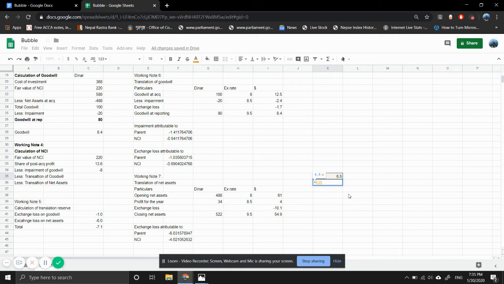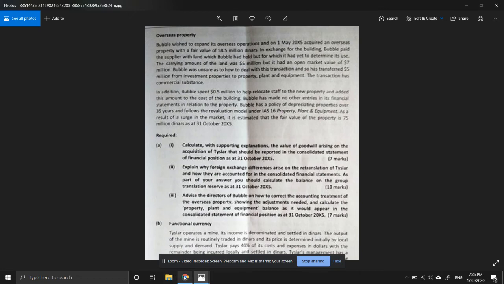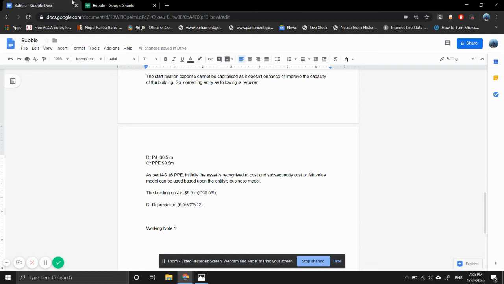It comes to 0.09, so we could say 0.1 million, right?